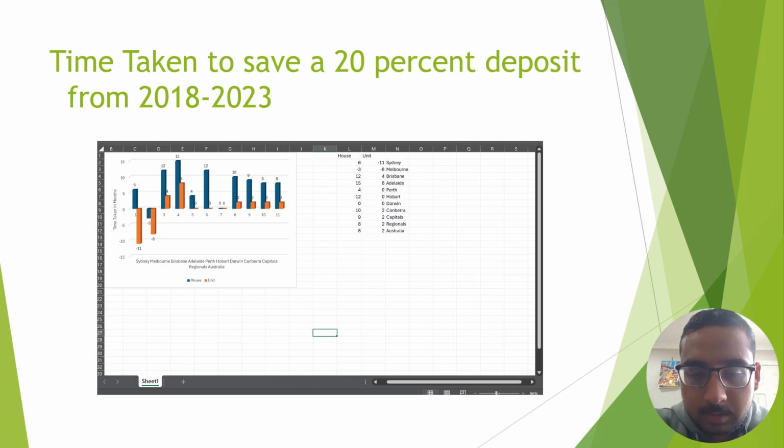We can also see here that the time taken to save a 20% deposit is around 12 months more than the national median salary. So you would have to wait at least around 2 years on a national median salary to save that 20% deposit over the 5-year period that we're talking about.